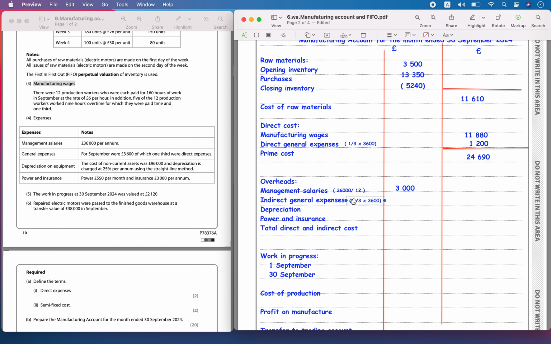Then we have the indirect expenses. This will become 2/3 of 3,600. So that value is going to be equal to 2,400.